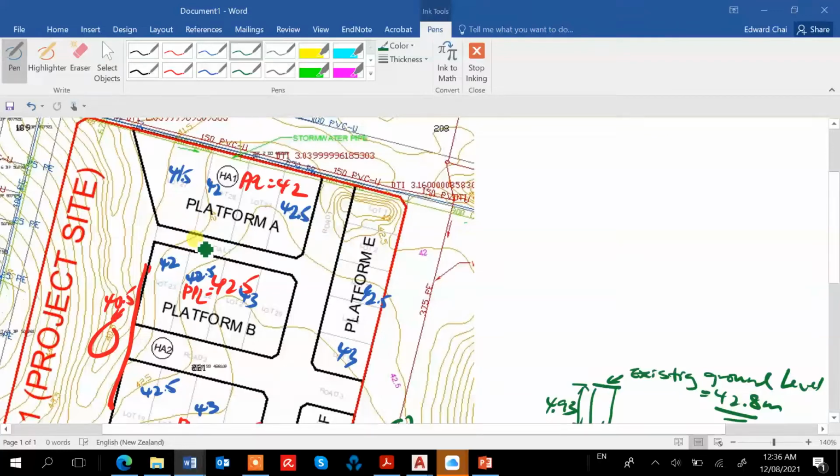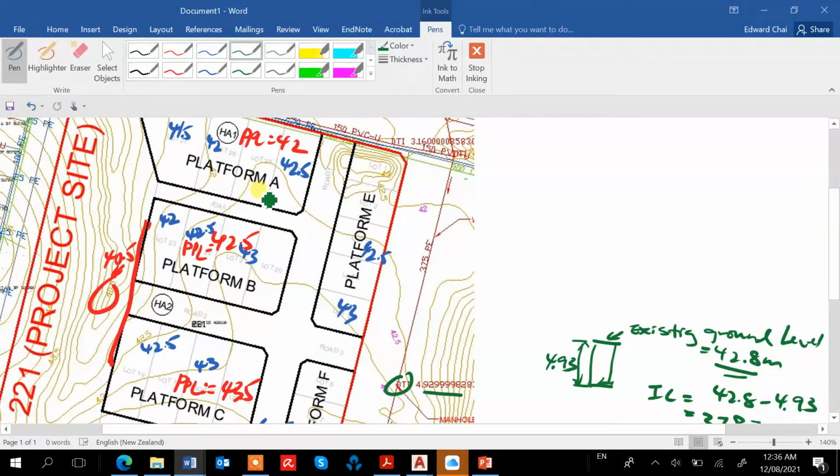So the invert level of the sewer line doesn't affect the platform level that much. Based on the contours, it will be quite probable, so it's not affected too much by the sewer line. It can be a problem because the platform is so long.